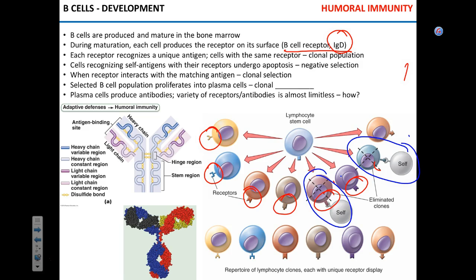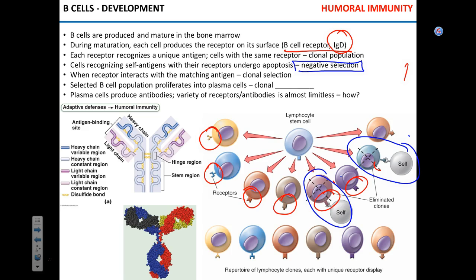This is called negative selection. Negative selection of B cells leads to apoptosis of self-reactive, or autoreactive, B cells. Does that make sense? Okay, I hope this idea resonates with you.